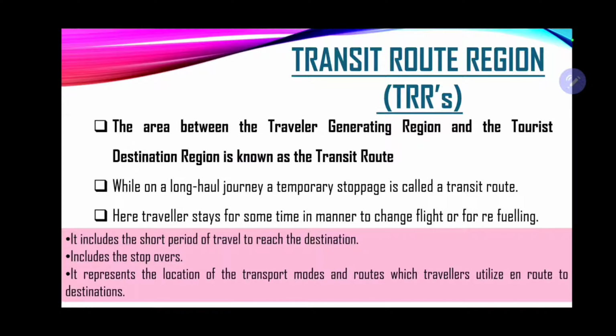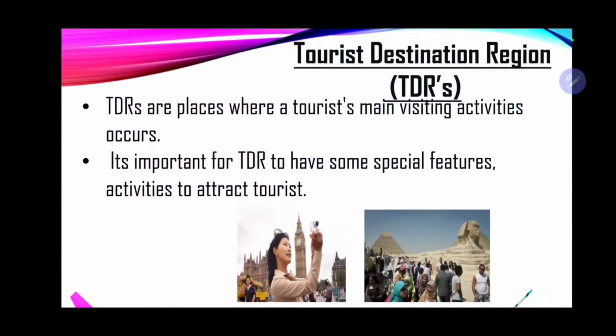It also may include stopovers, and also it represents the location of the transport modes and routes which travelers utilize en route to their destinations. The next we're looking at is the tourist destination region.